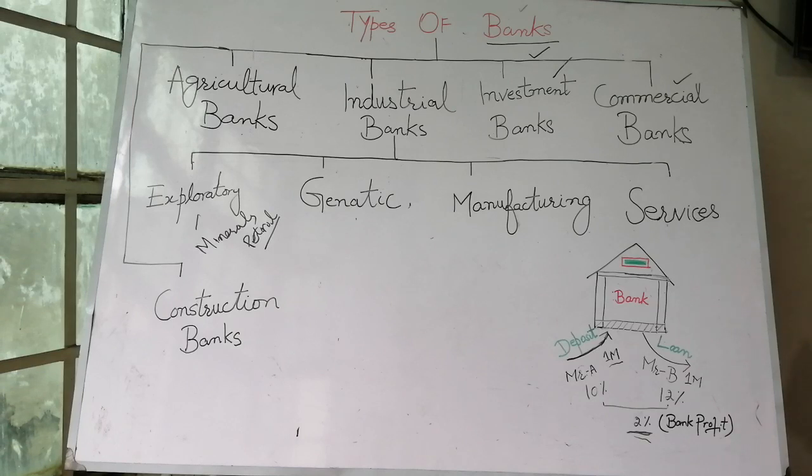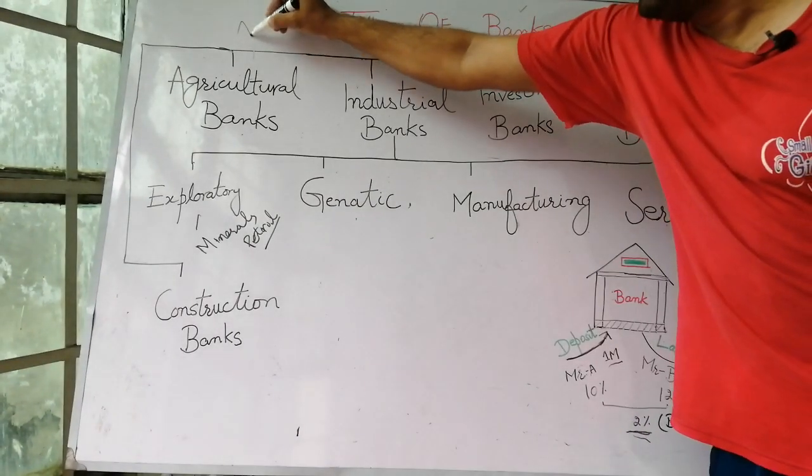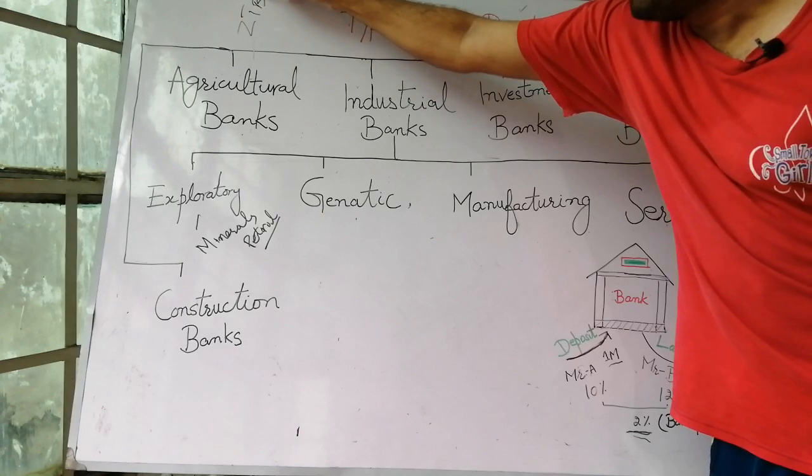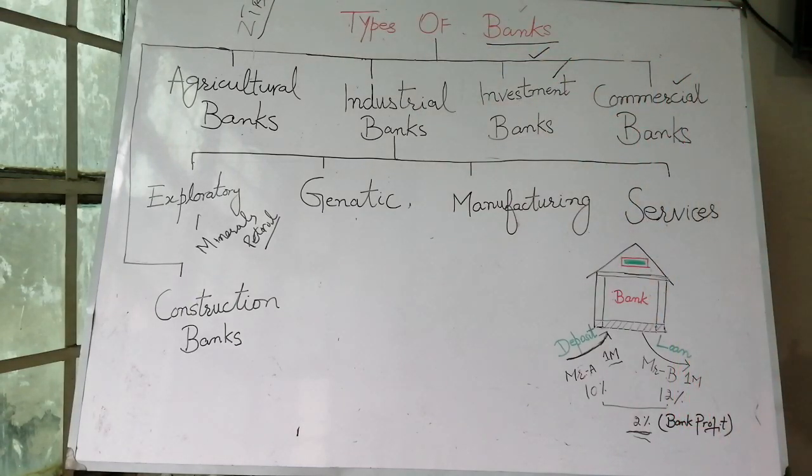Mostly the government develops these types of banks. The ZTBL, Zarai Taraqiati Bank Limited, is one example, which is running in Pakistan to promote the agricultural area of Pakistan.